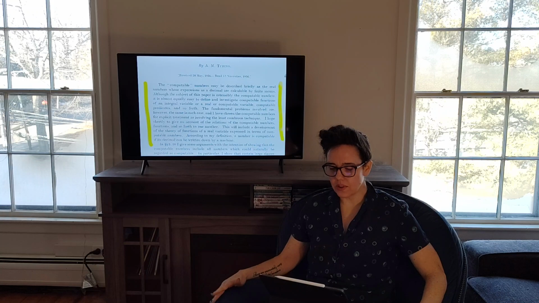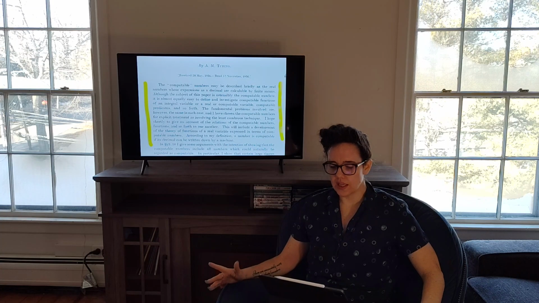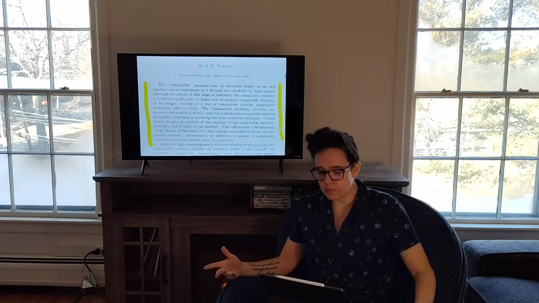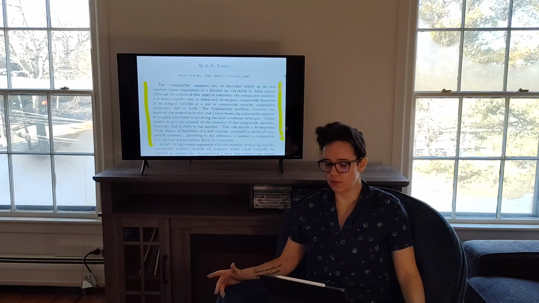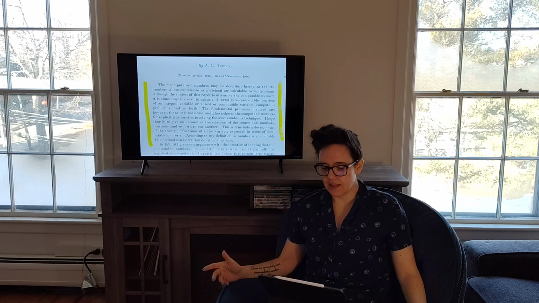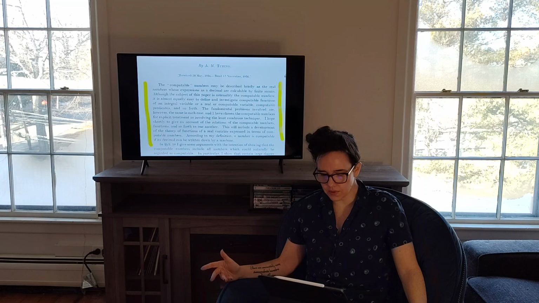The computable numbers may be described briefly as the real numbers whose expressions as a decimal are calculable by finite means. Although the subject of this paper is ostensibly the computable numbers, it is almost equally easy to define and investigate computable functions of an integral variable, or a real or computable variable, computable predicates, and so forth.